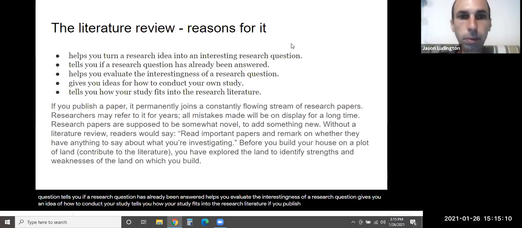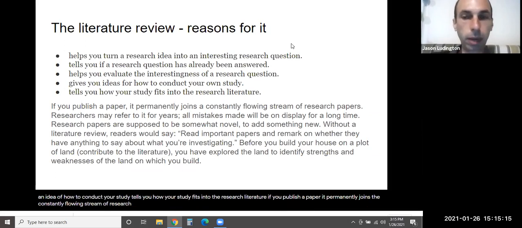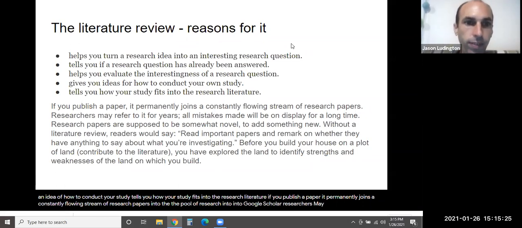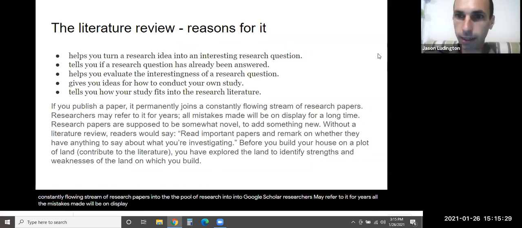If you publish a paper, it permanently joins a constantly flowing stream of research papers into the pool of research, into Google Scholar. Researchers may refer to it for years. All mistakes made will be on display for a long time, maybe forever.